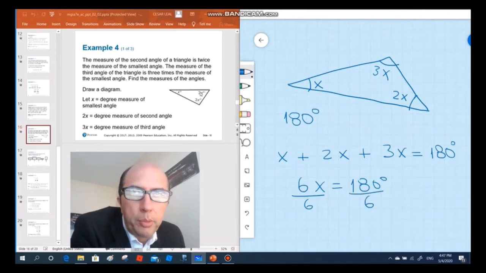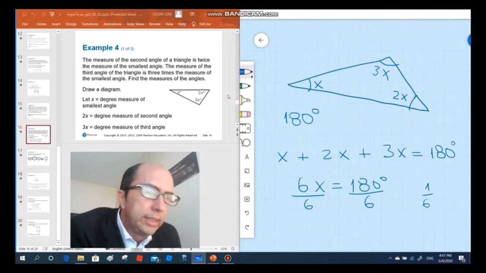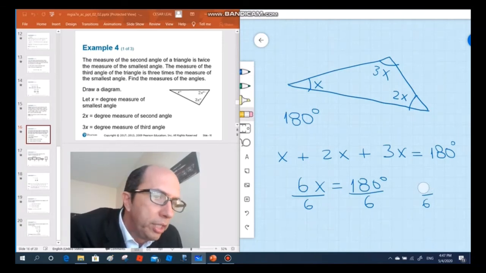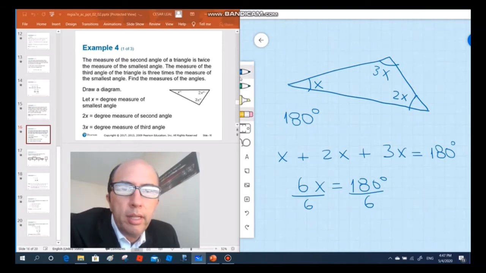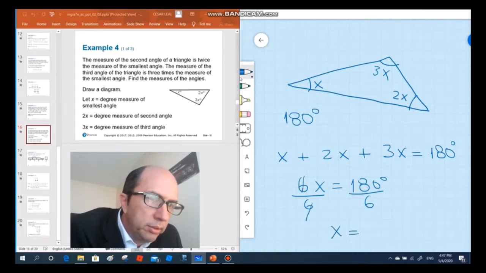And when I say multiplication property, it's the same thing as if you divide both sides by 6, it's the same thing as multiplying both sides by 1/6. So it's still an application of the multiplication property, right? Then we have x equals 180 divided by 6, 30 degrees.